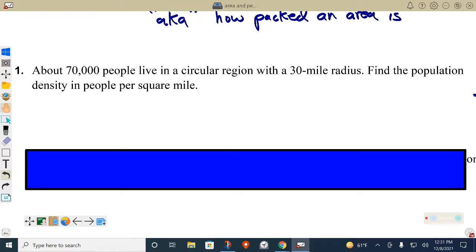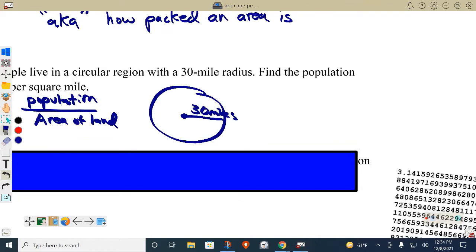So write that down. About 70,000 people live in a circular region with a 30 mile radius. Find the population density in people per square mile.